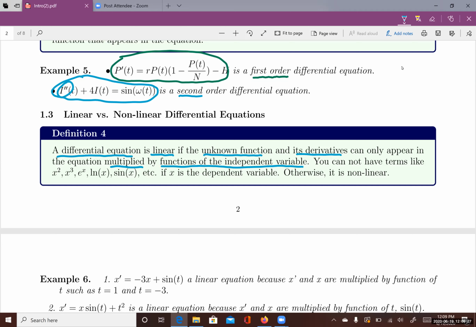So in a linear differential equation, you cannot have terms like x squared, x cubed, e to the x, ln x, sine x, etc., if x is the dependent variable, the unknown variable. Otherwise, it is a nonlinear differential equation.